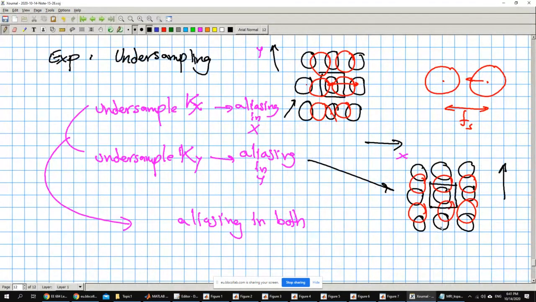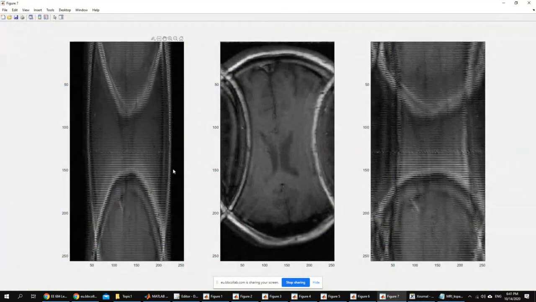You have the alias from the one below and the alias from the one above appearing on top of the original one that looks like this. Here, it's very obvious. You have your figure here with the overlaps from the one to the right and the one to the left. Here, you see this one is here like this, and this one is here like this.